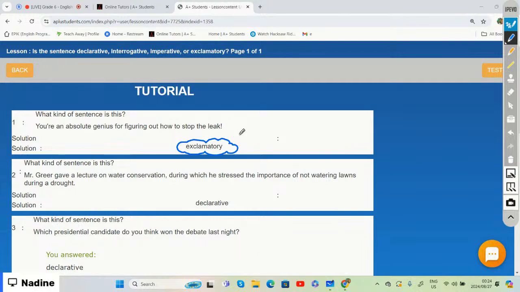So, is this a declarative, interrogative, imperative, or an exclamatory sentence?